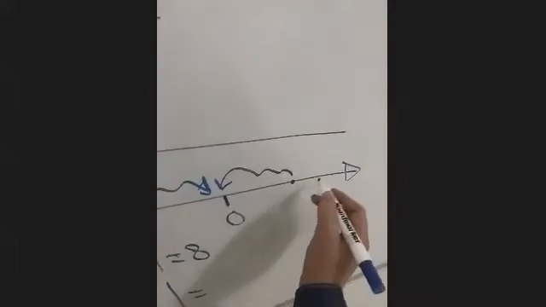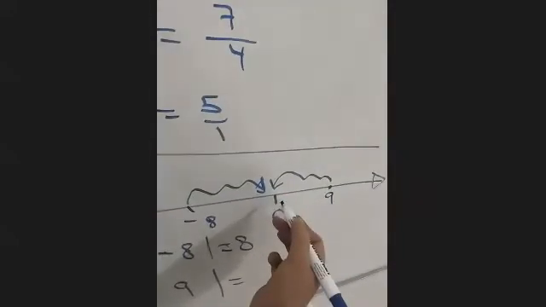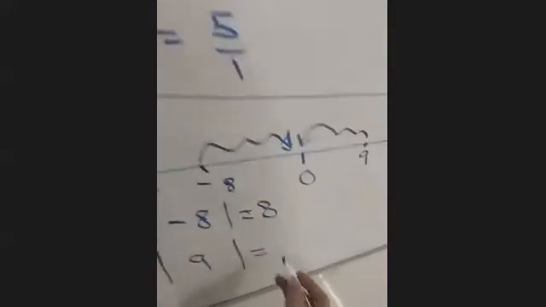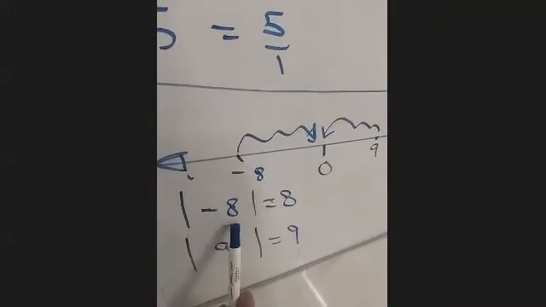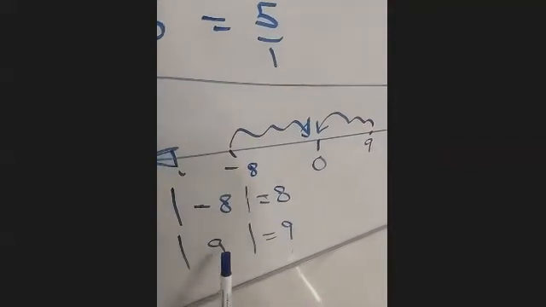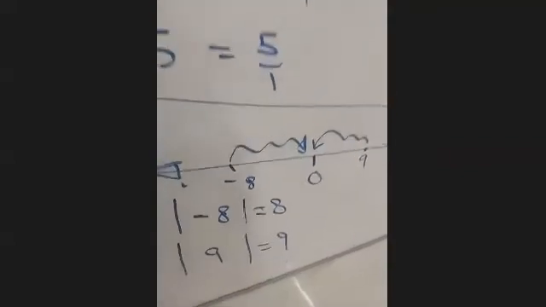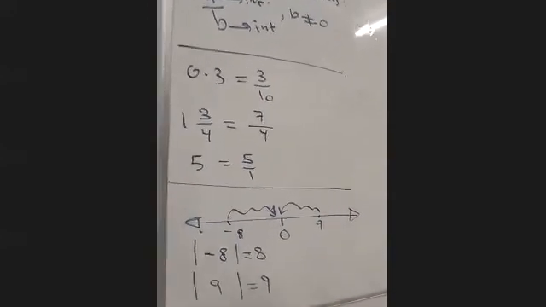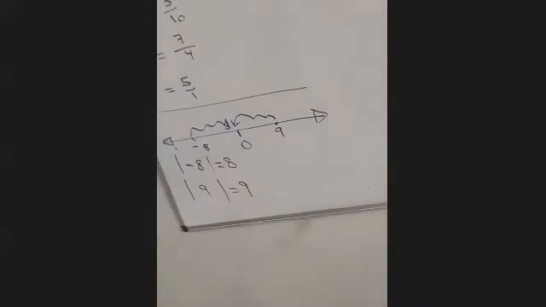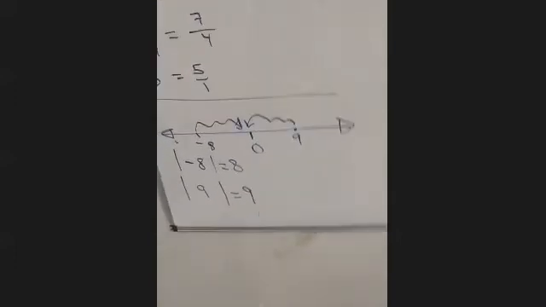It is the distance between 9 and 0. The distance between 9 and 0 is also 9. So the absolute value of a negative is positive, and the absolute value of a positive stays positive. We did that in the previous lesson. Now let's go to example 2 together. Find absolute value of rational numbers.